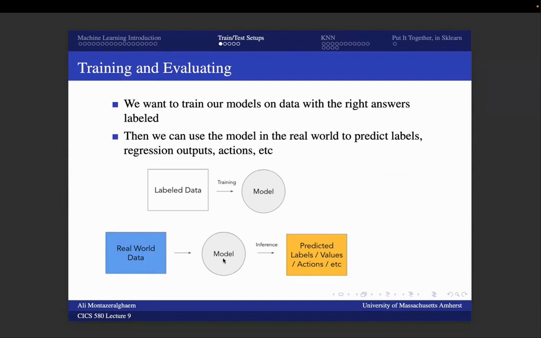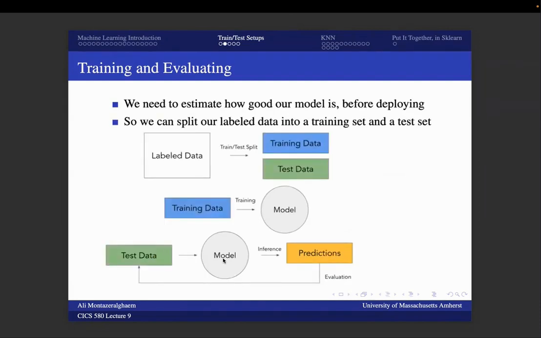So this is training and testing of your model, but what about the evaluation? Before deploying your model in a real-world application, you need to know how good or bad your model is, right? For example, if you find that the accuracy of your model is 0.6, that would be enough compared to other baselines, and then you can deploy your model.